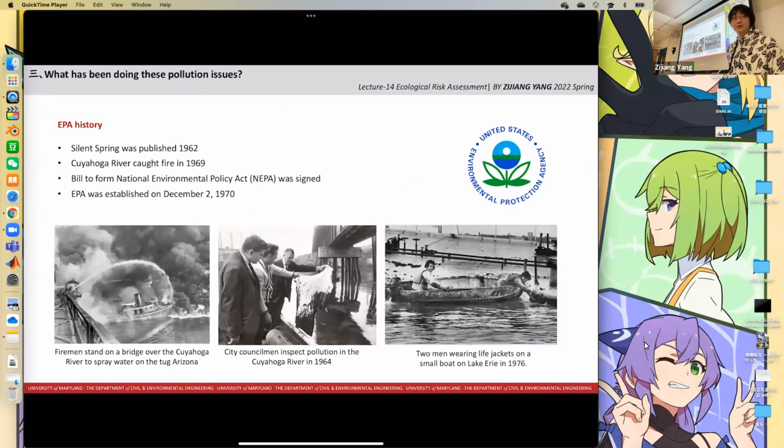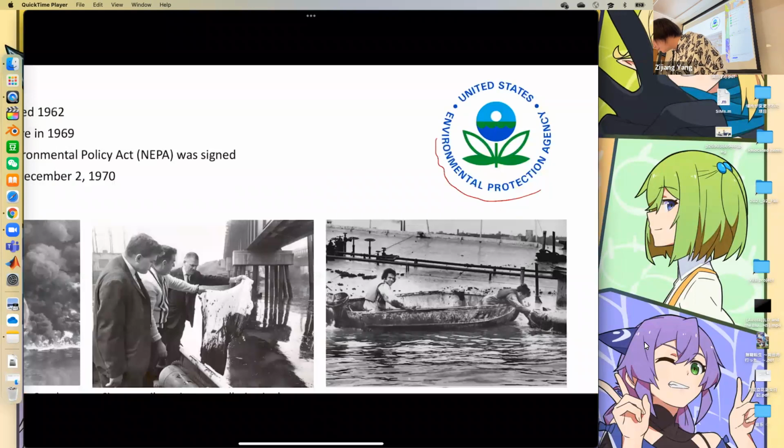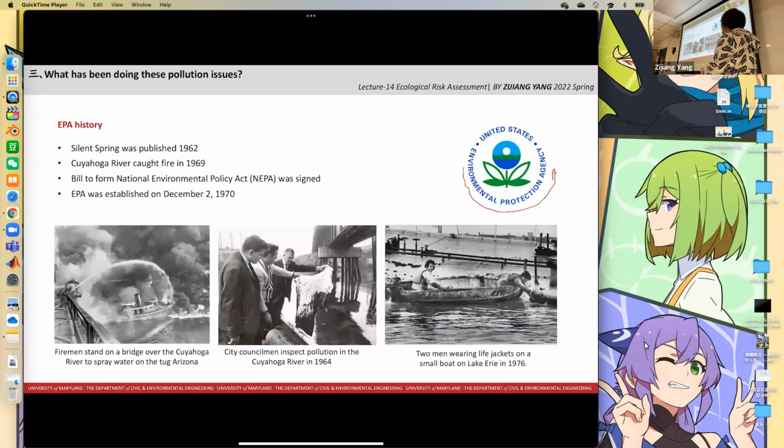Before we go to the risk assessments, I would like to briefly give some background about EPA. EPA refers to the Environmental Protection Agency in the United States.